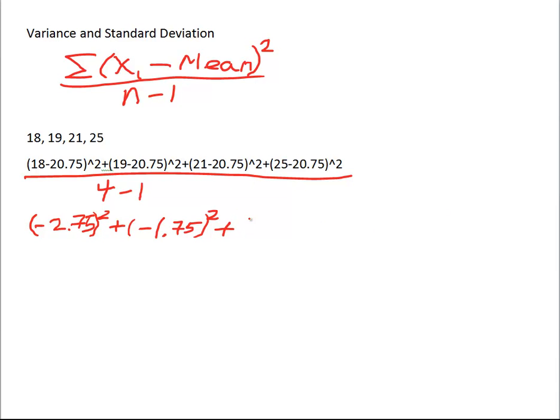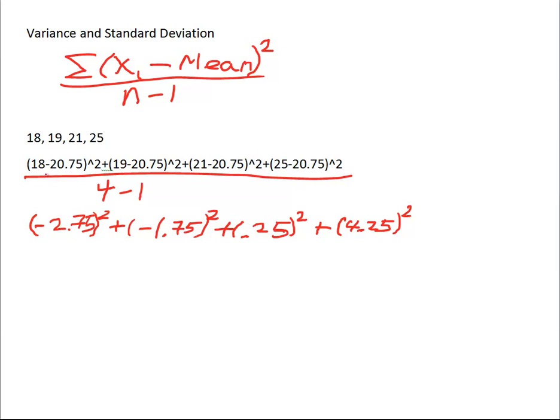21 minus 20.75. You're pretty close to the mean. You're just 0.25, and we'll square that, and then plus the 25. That is a bit above the mean. In this case, it's a little over 4 years away from the mean: 4.25, we're going to square that too.